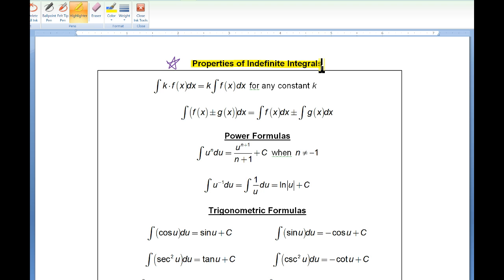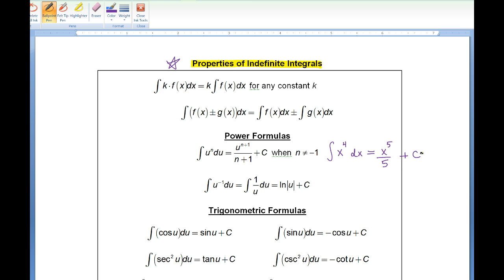Let's look at a quick example. Let's say we had x to the 4th dx. We're going to add 1 to the exponent, so that's going to be x to the 5th over 5, and then we say plus c.